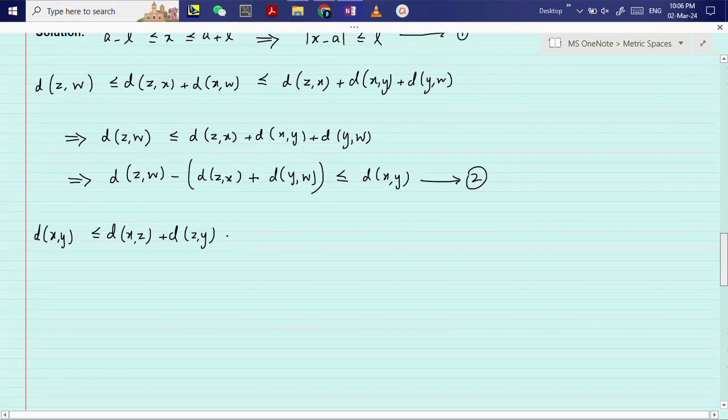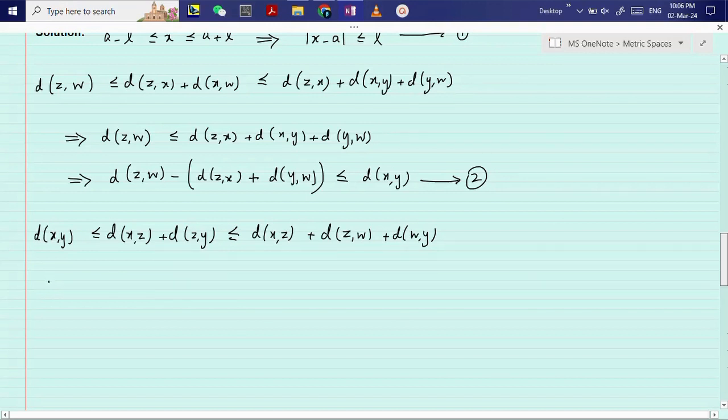And again by using the triangle inequality for d(z,y), in the similar way as we have done above, we have d(x,z) + d(z,w) + d(w,y), because d(z,y) is less than or equal to d(z,w) + d(w,y).